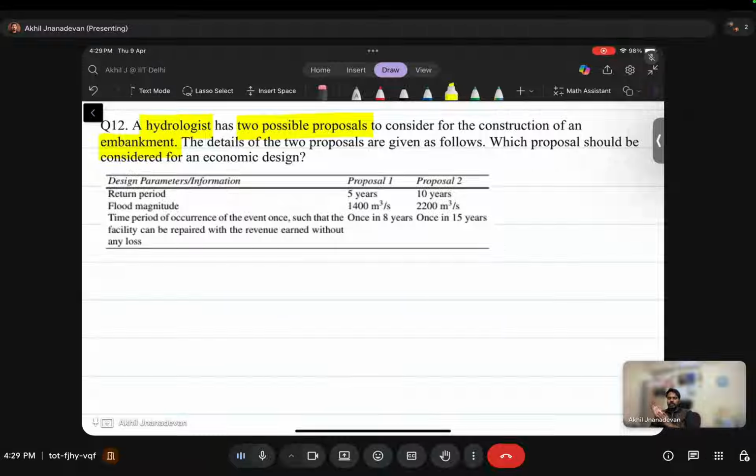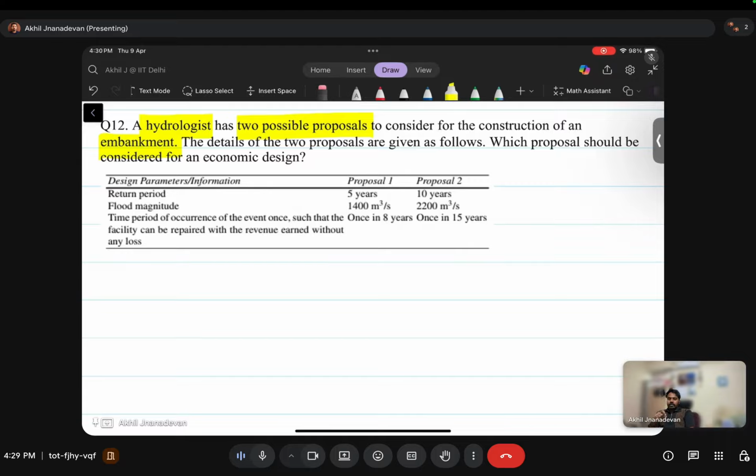The first proposal is a 5-year return period proposal, the second is a 10-year return period proposal. The 5-year return period flood has a magnitude of 1,400 meter cube per second. The flood is defined using the discharge, and the discharge for proposal one is 1,400 meter cube per second, and for proposal two it is 2,200 meter cube per second.